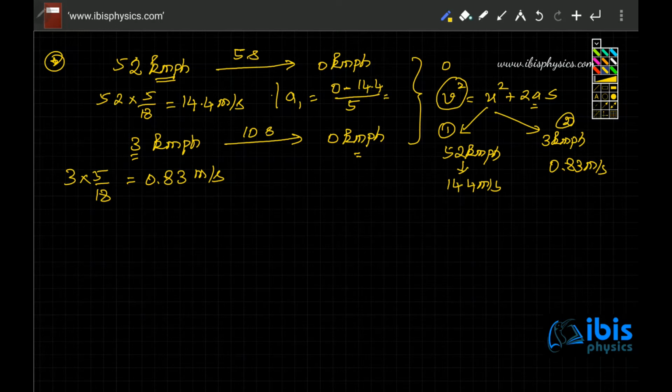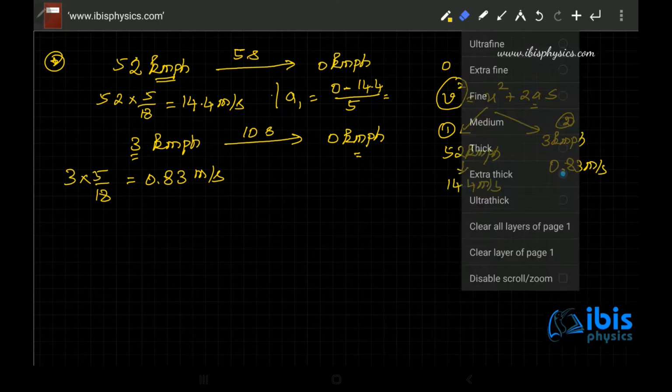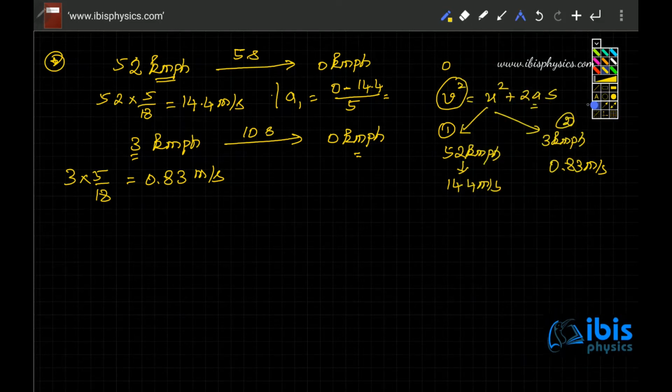So 0 minus 14.4 is minus 14.4 divided by 5. That gives us 2.88, or 2.9. Let us keep that value as 2.9 meter per second square.